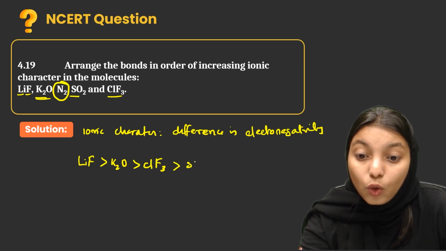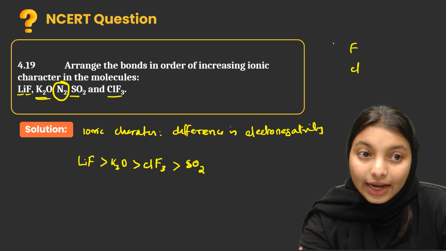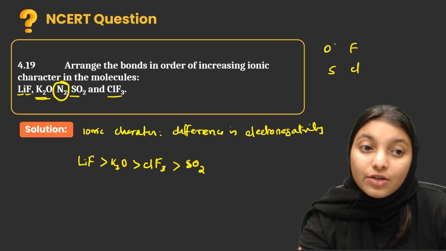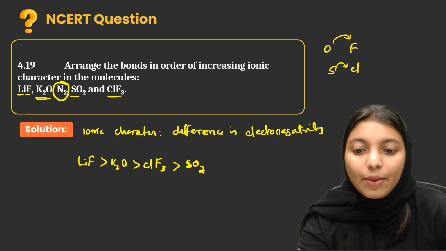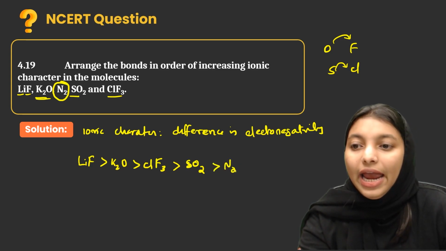Then only we can go to SO2, with oxygen and sulfur. Fluorine is more electronegative, so the difference will be higher for fluorine and chlorine. That is how ClF3 comes here, SO2 here, and the least one will be N2.